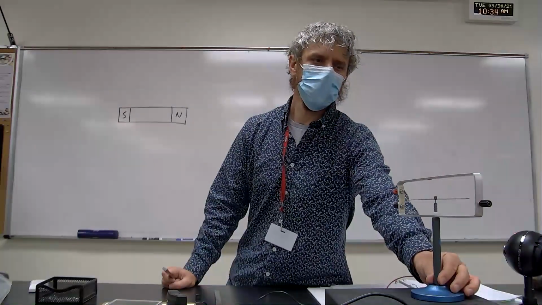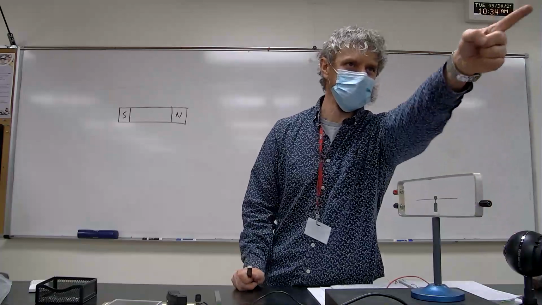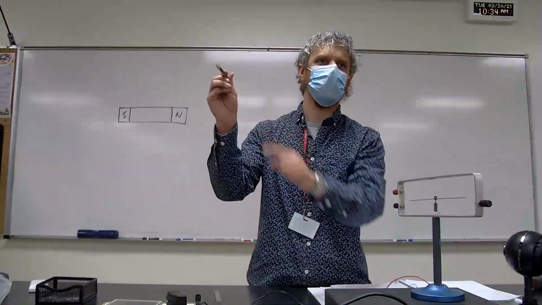Interestingly, what direction does a compass needle point? Points north. But we know that the north end of the magnet points to the North Pole, right? Look, this end of the magnet, the red end, is pointing towards you guys. That's north. Here's the South Pole.